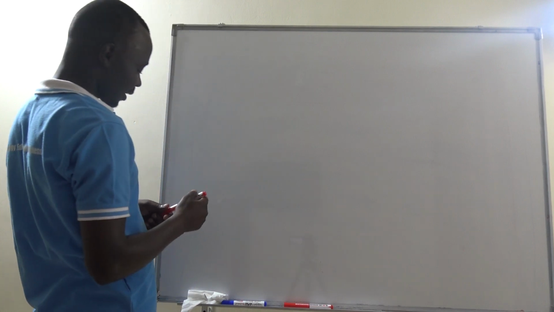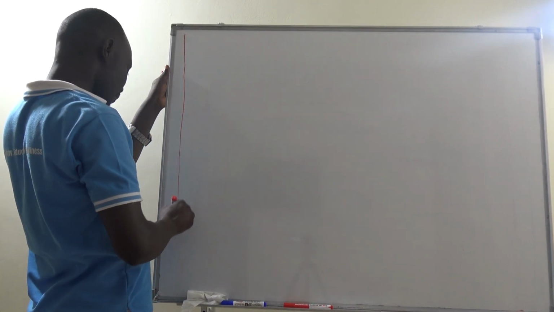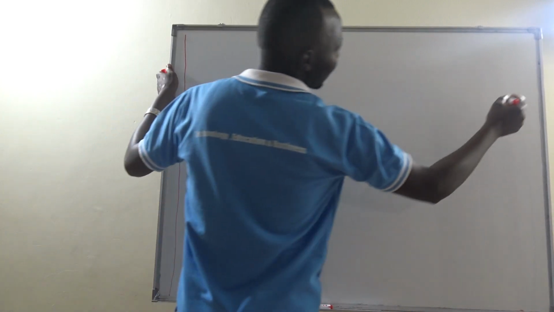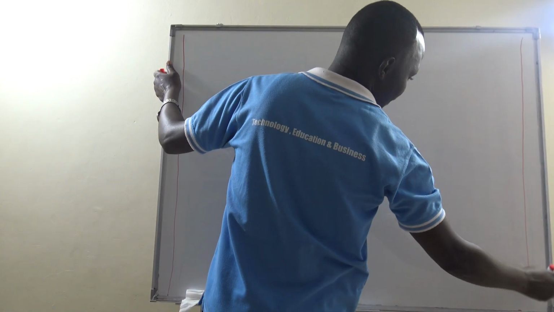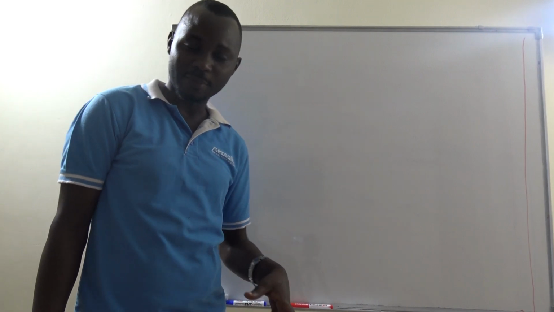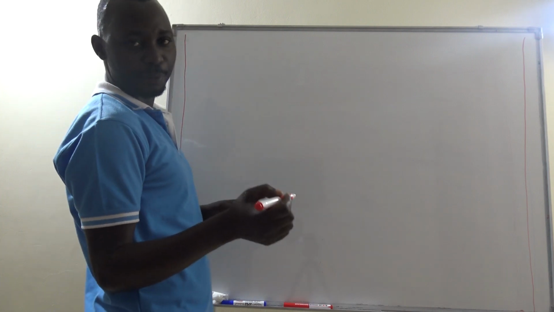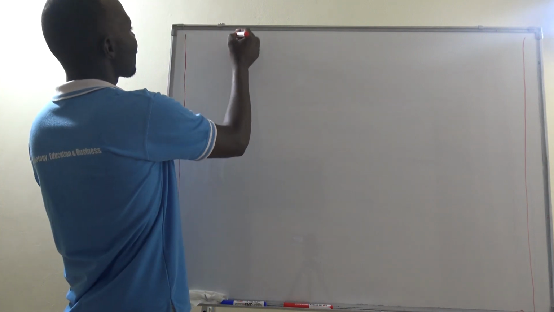So from here, we are going to base on our question, and we see what next. This is our margin. They normally say, do not write in the margin. So from there we said anything that we prepare, we design must have a heading.